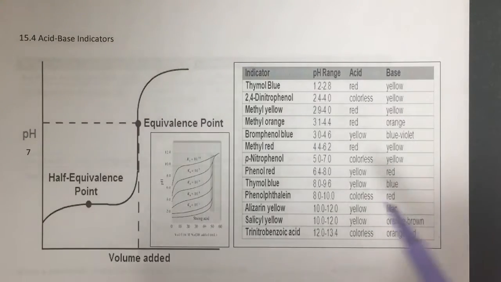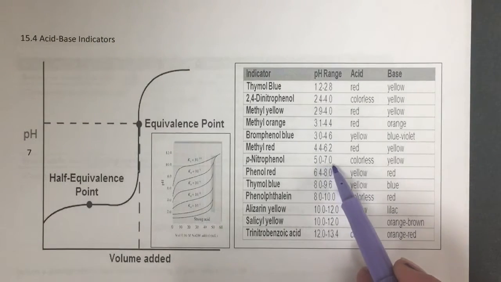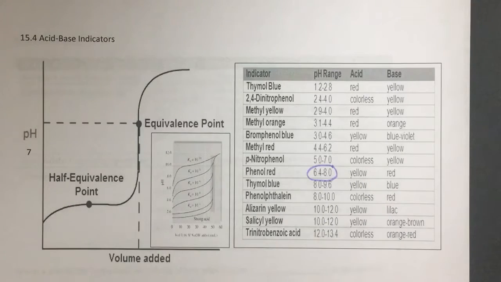So if I look here, I would probably choose phenol red because it's going to start changing colors at about 7. Now if you notice, none of these start changing at exactly 7. That's why we call our color change the end point. It isn't the true equivalence point. My H plus and my OH negative aren't exactly equal, but it's going to be close.